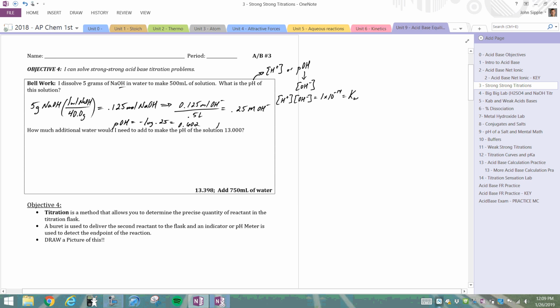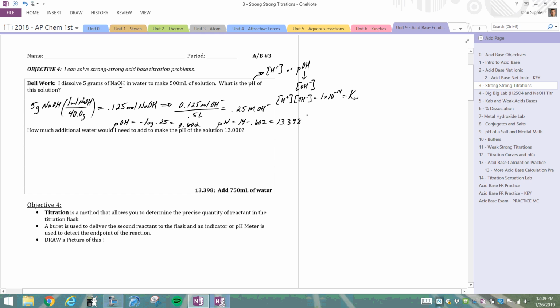And then we just find the pH. That's equal to 14 minus 0.602, which is equal to 13.398. Okay, so there we go.